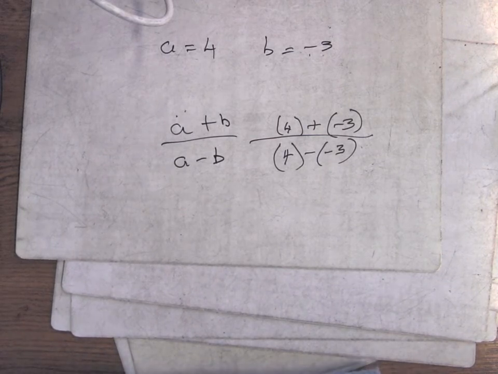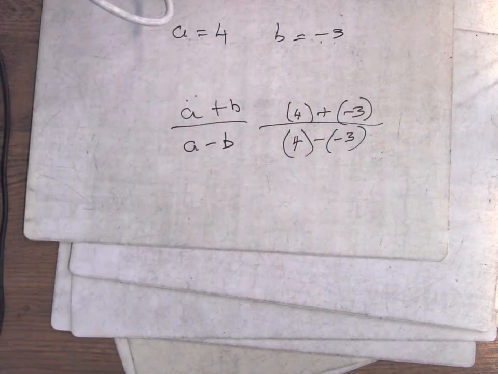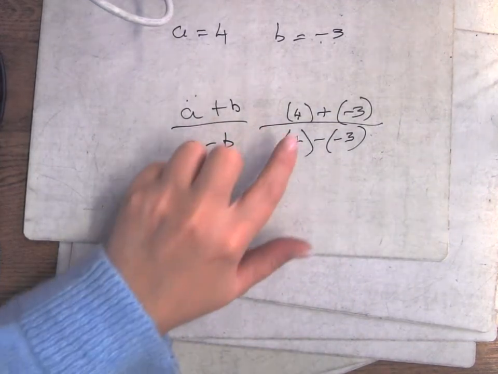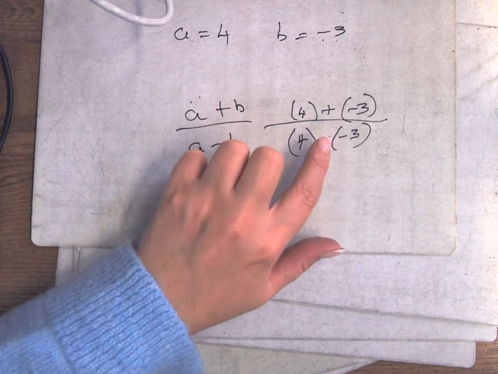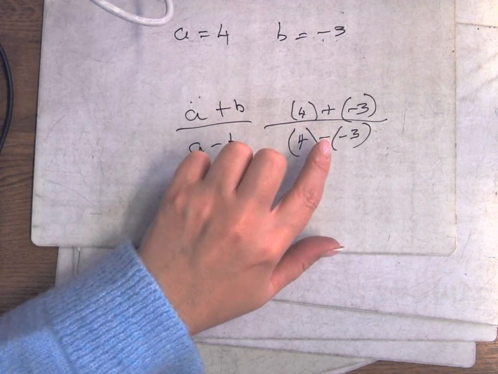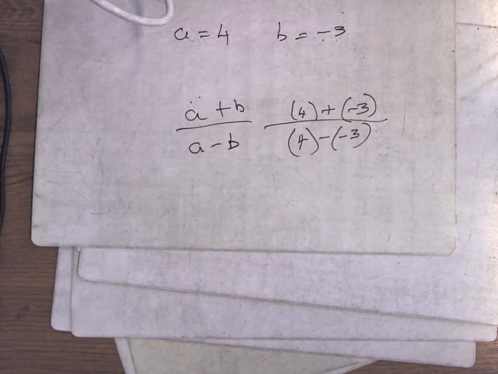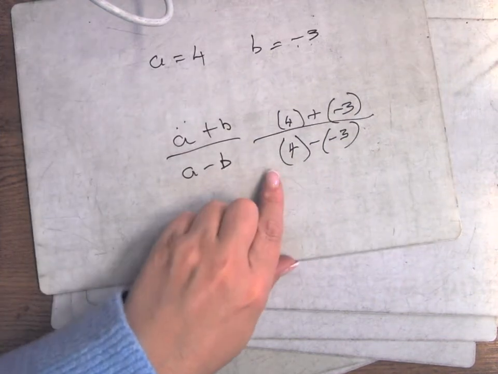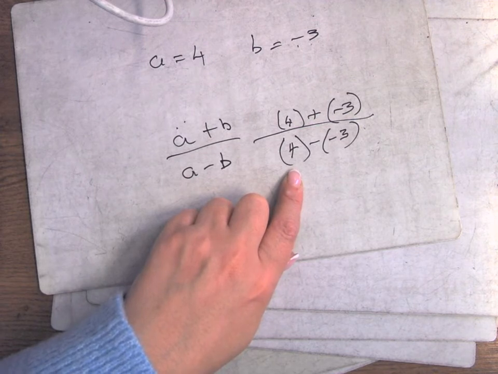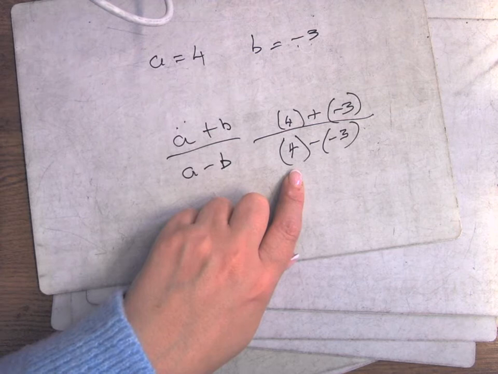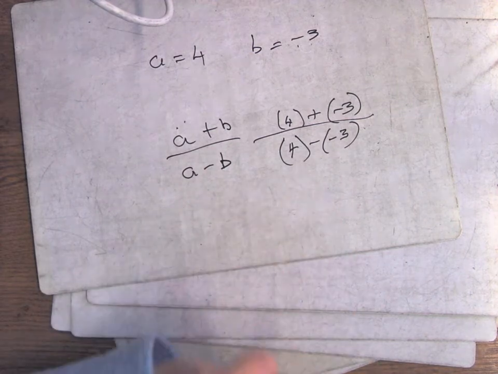Then you open a bracket, and then you do 4, and close bracket, plus, open bracket, minus 3, close bracket. Then you use the down arrow to get underneath the line, and then you do this. Okay. 1/7? Yeah.